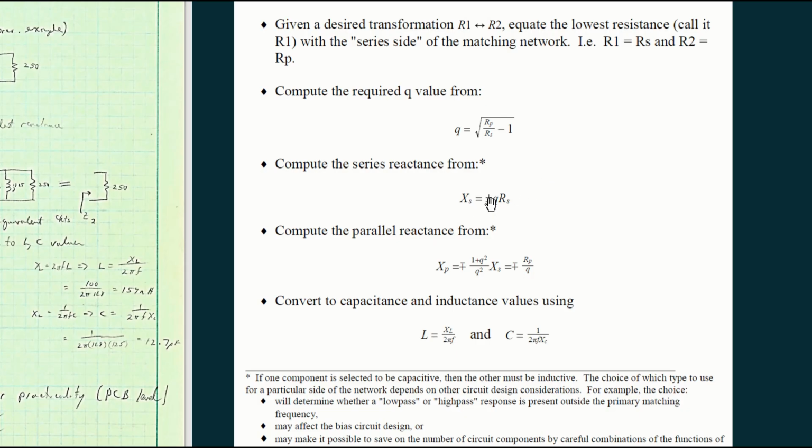Now, note that there's a plus minus. That means that you can build these networks with, say, a series arm that's capacitive or with a series arm that's inductive. Whatever you do, the opposite arm, the shunt arm, has to be the opposite type. So if the series is a capacitor, then the shunt is an inductor and vice versa.